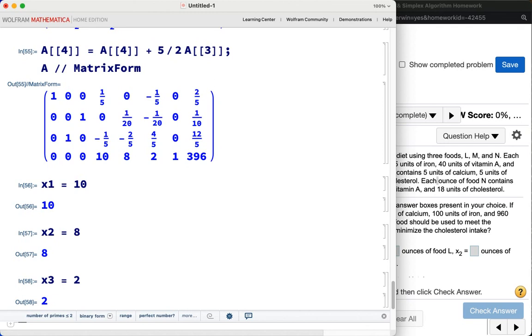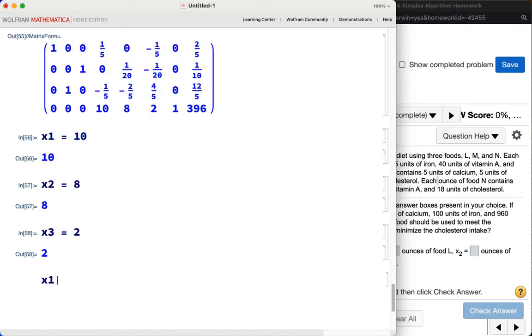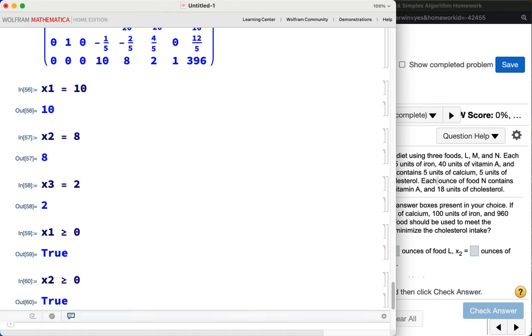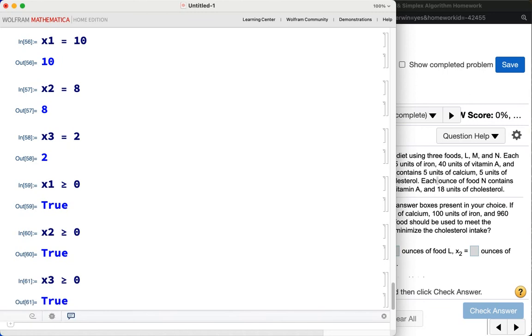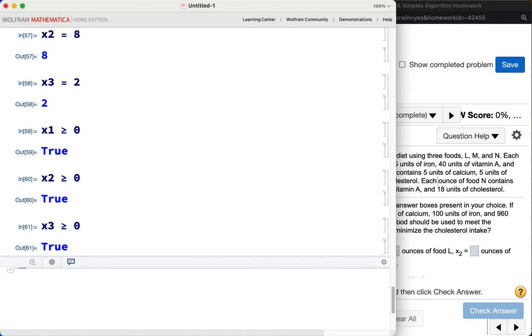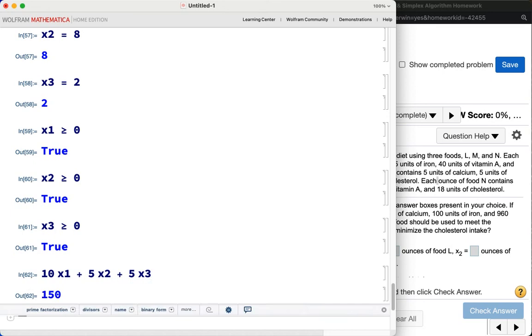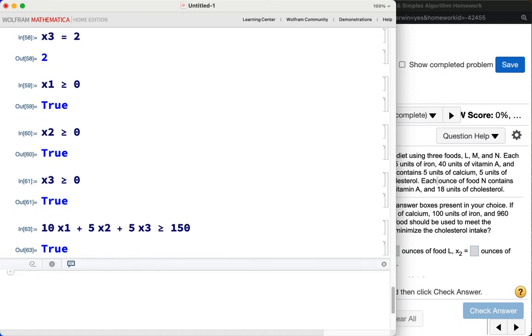Okay, so let's make sure that this actually works. Is x1 greater than or equal to 0? Of course. Is x2 greater than or equal to 0? Of course. Is x3 greater than or equal to 0? Of course. Let's check the calcium restriction: 10 times x1 plus 5 times x2 plus 5 times x3 is greater than or equal to 150, which is true. 5 times x1 plus 5 times x2 plus 5 times x3, is it greater than or equal to 100?